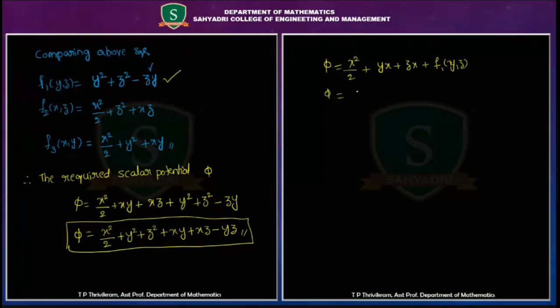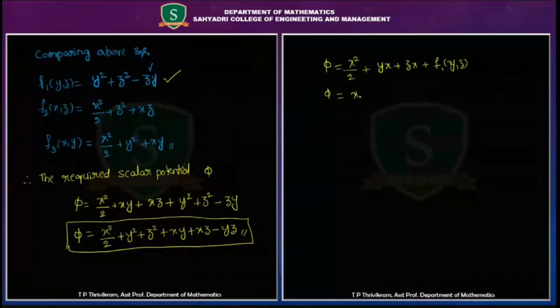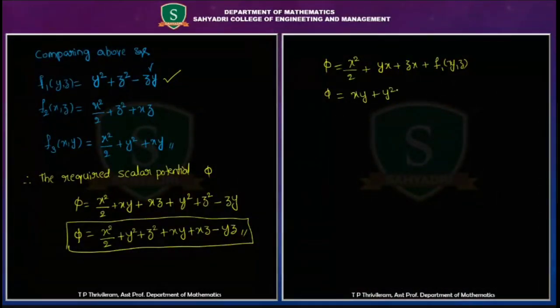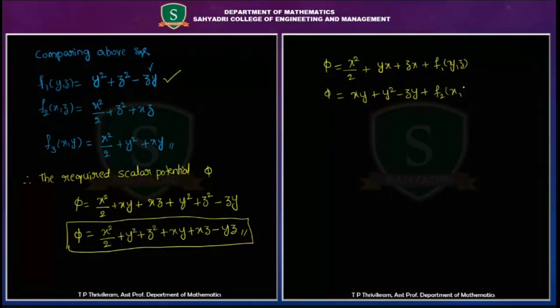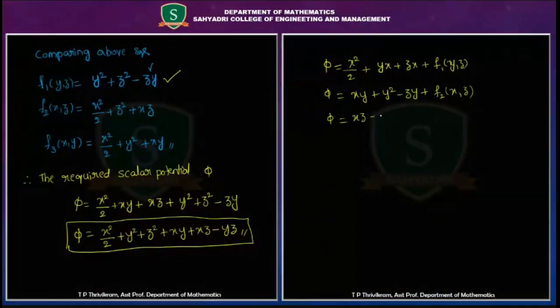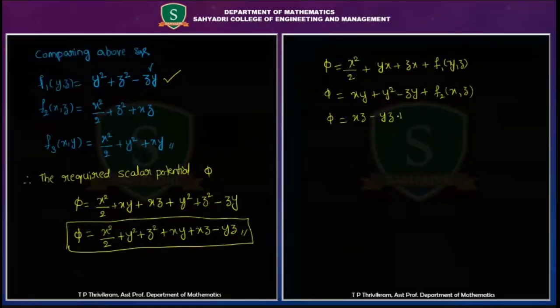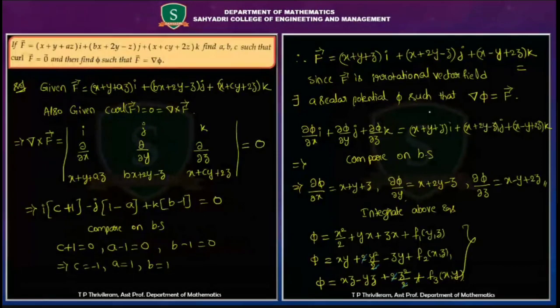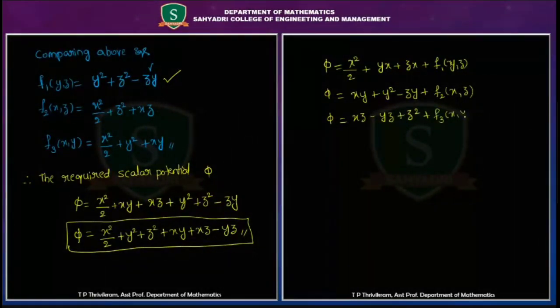Next, phi is equal to xy plus y square minus zy plus f2 of x comma z is there. Next, phi is equal to xz minus yz plus z square plus f3 of x comma y.